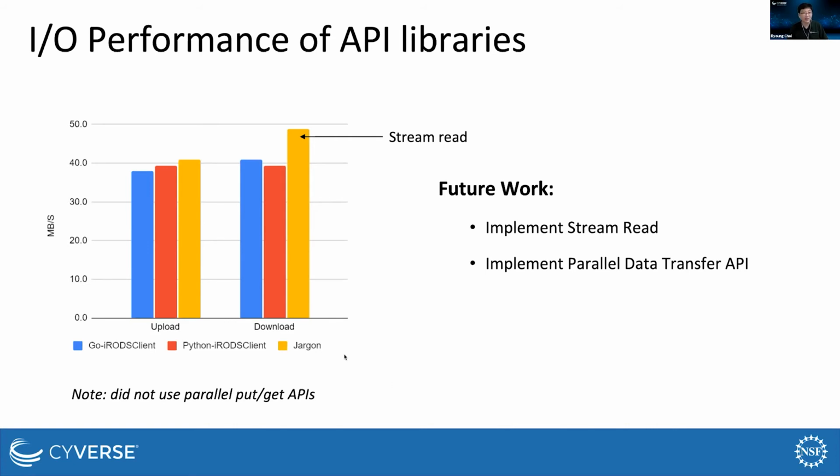That's why they are slower than Jargon for file read. We plan to implement the stream read function in Go-iRODSClient as well. Also, Python iRODSClient recently implemented a new parallel data transfer API, so we are going to implement it in Go-iRODSClient.